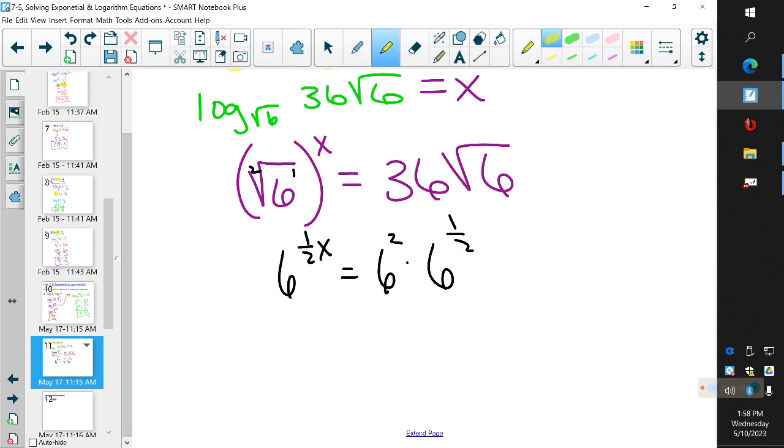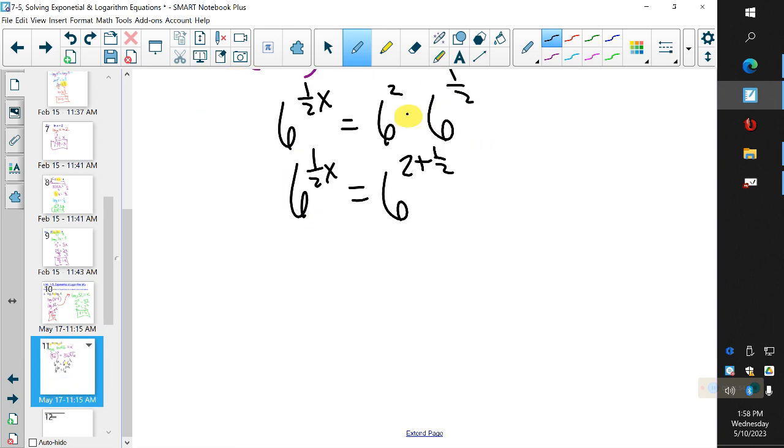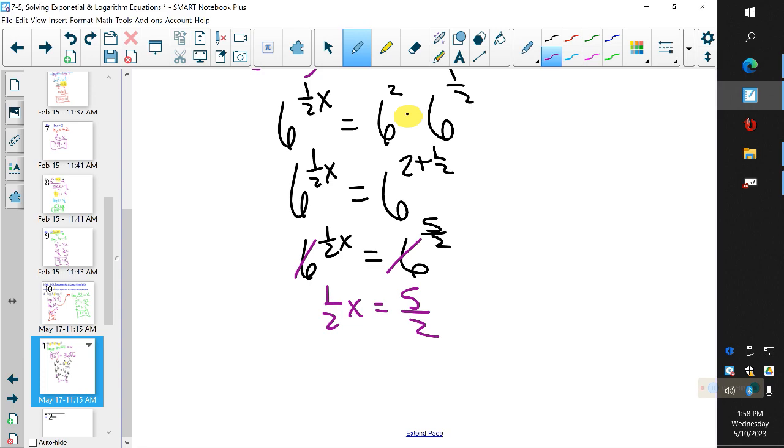Now, these two are attached by multiplication, which means I'm going to add those exponents. 2.5 is the same thing as 2 times 2 is 4 plus 1 is 5 over 2. So here, I can cancel out those bases, and I have 1/2 x is equal to 5 over 2. Now I'm going to simply solve for x. I'm going to multiply both sides by 2. X is equal to the number 5.